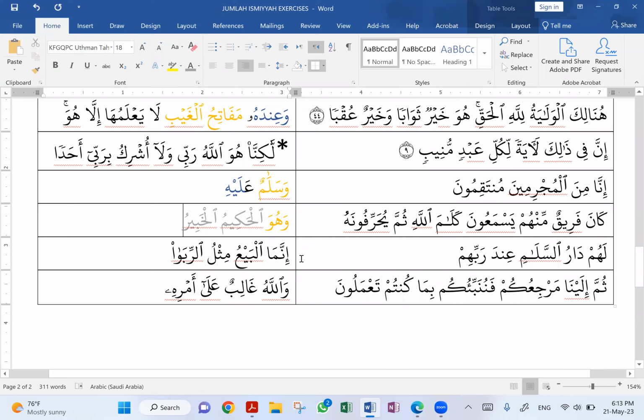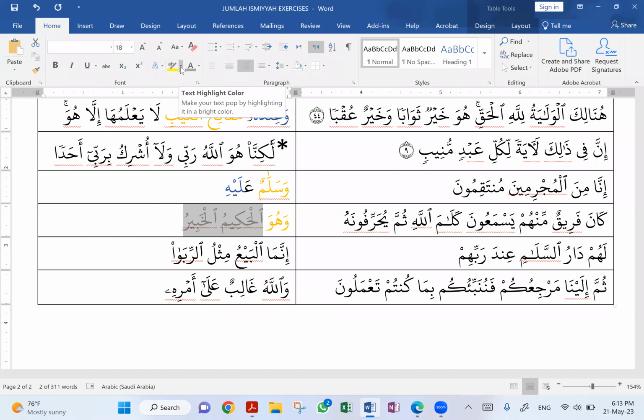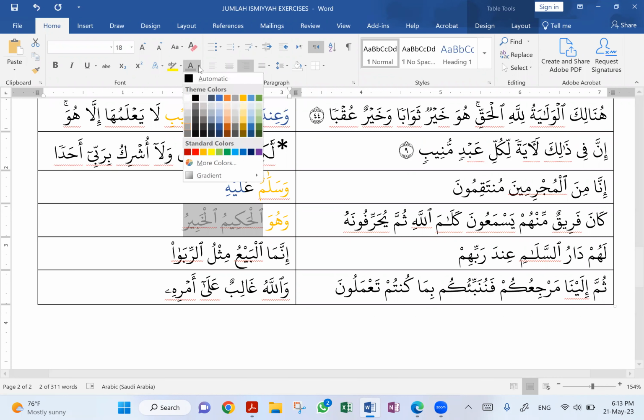Okay. إنما البيع مثل الربا. Oh, so wait. If it's a sifa, what is it connected to then? What have we done here? Al-Hakim and Al-Khabir is Mawsuf Sifa? Yes. I think Ustad said that names of Allah can be Mawsuf Sifa. Yeah, that's what I was saying. If it's going back to Allah, then it's going to be khabar 1 and khabar 2.